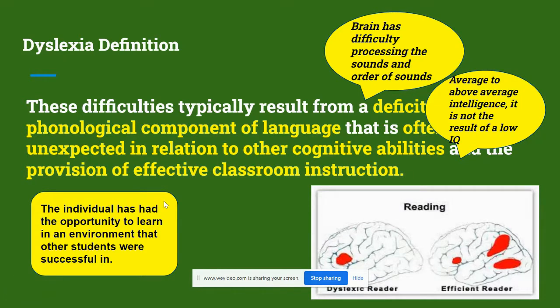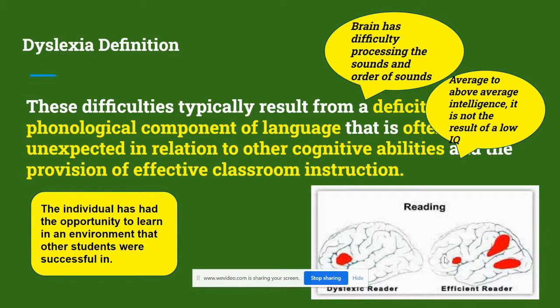successful. If we're looking at the visual here in the lower right corner, this is the brain of a dyslexic reader, and this is the brain of an efficient reader. Okay, so you can see in this diagram that the dyslexic reader is highlighted at the forefront of the brain, right? That's really highlighted here, meaning a lot of their focus is right here, whereas an efficient reader is able to focus both at the frontal part of the brain and the back of the brain.